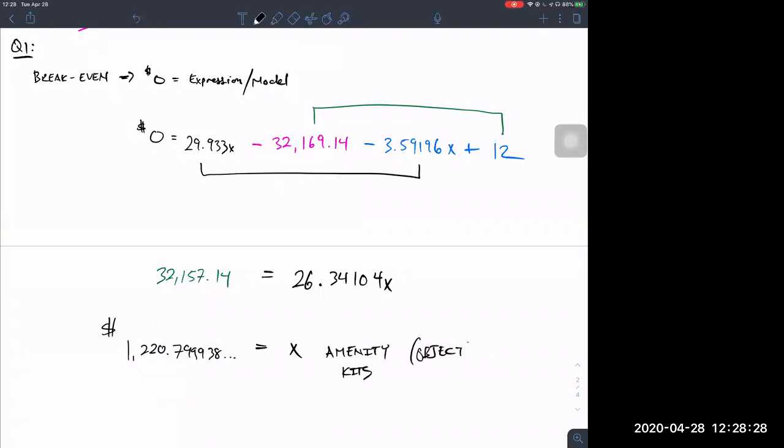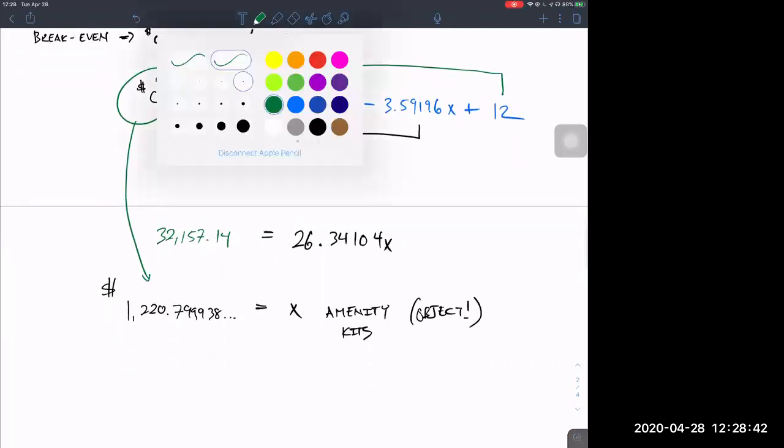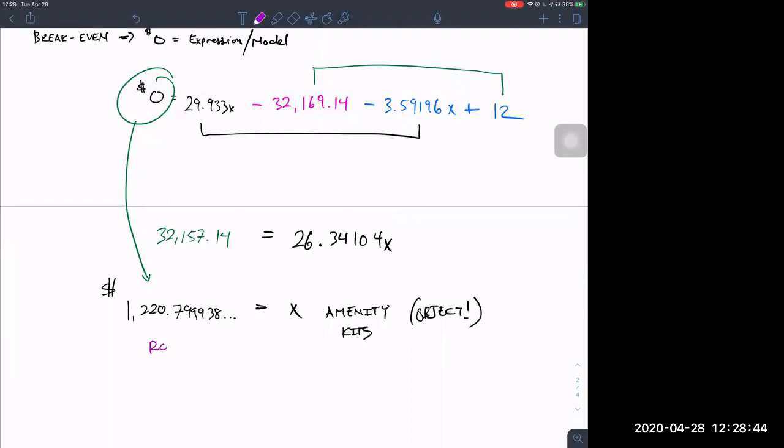How can you solve for $0 and still get a dollar answer? That does not make sense. Period. Never. Okay. And last but not least, you got to round up. So that implies 1,222 kits.